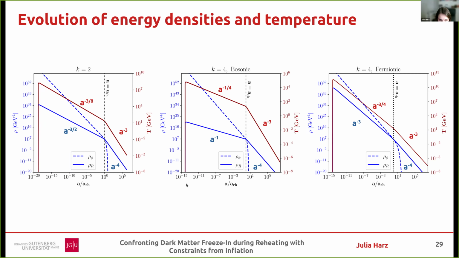And then you can see that it is pumping energy into these particles, because for the blue continuous line, which is radiation, normally the radiation should go like a to the minus 4. But here it goes like a to the minus 1 during the reheating, precisely because you are pumping energy into the radiation from the inflaton. Exactly.